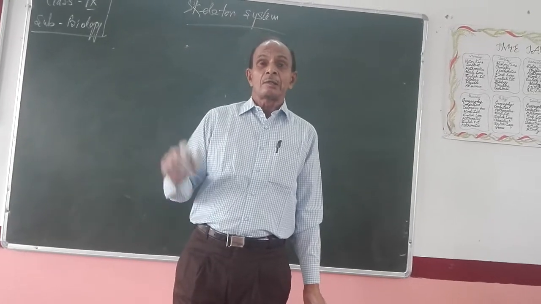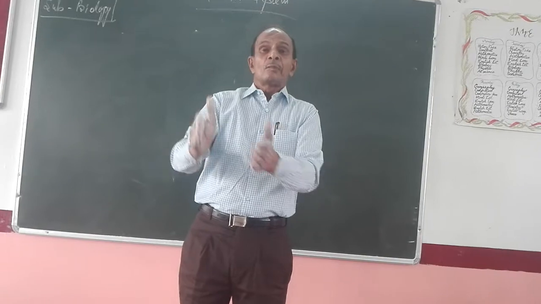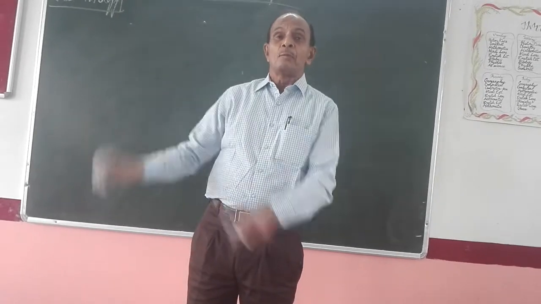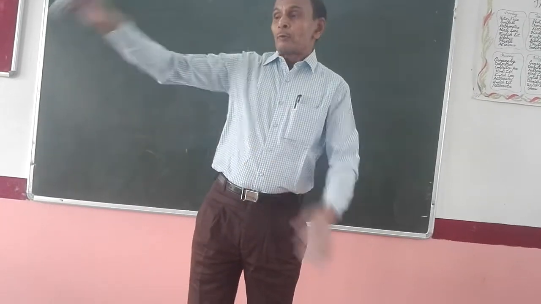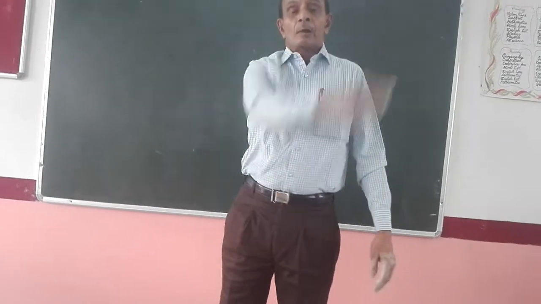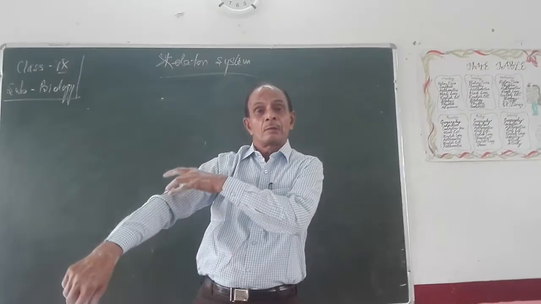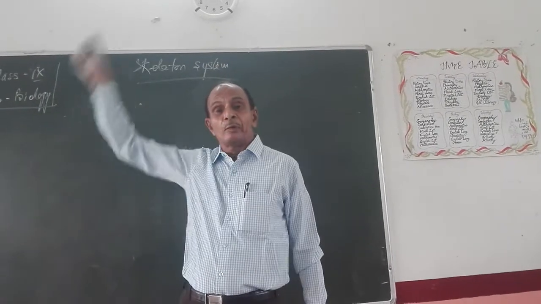And third is the freely movable joint. First is immovable, second is partially movable, and third is a freely movable joint. For example, you are able to move here, or you are able to rotate your forearm. So this joining of the humerus with the pectoral girdle, we can say, is a freely movable joint.